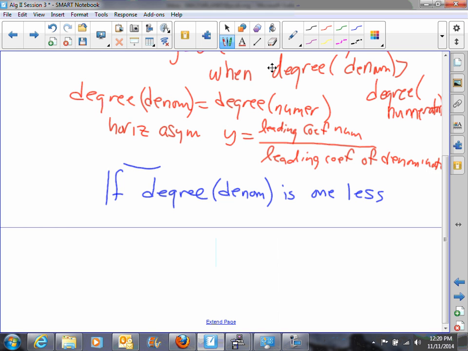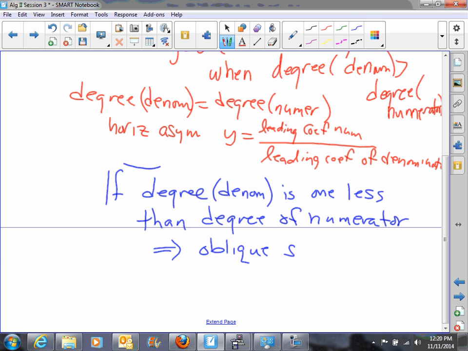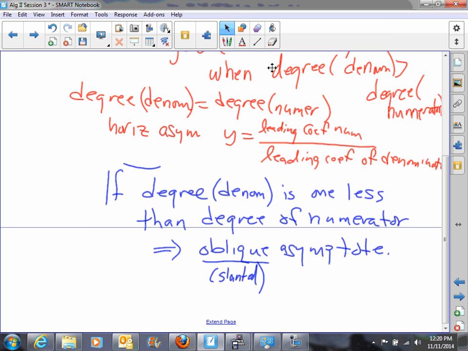If the degree of the denominator is 1 less than the degree of the numerator, then you're going to have what we call an oblique asymptote, A-S-Y-M-P-T-O-T-E. Now, oblique means slanted. Okay, and finding those oblique asymptotes will take a little bit of work.